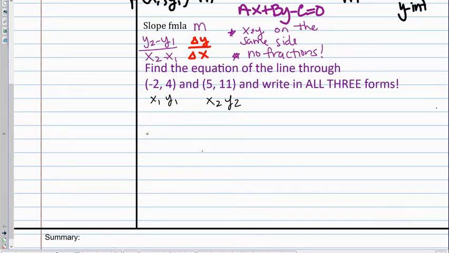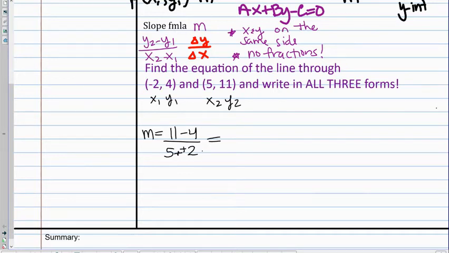So the slope here is, let's work on that. We're going to do y: 11 minus 4. And then we have 5 minus -2. So hopefully you remember when you subtract a negative, these both turn to plus. So 11 minus 4. And one thing you'll learn really fast about Mrs. Vogt is that although she's a math teacher, she likes to make arithmetic mistakes.